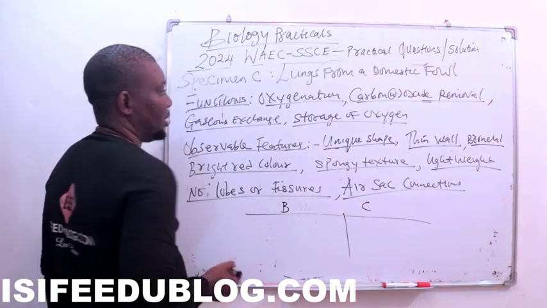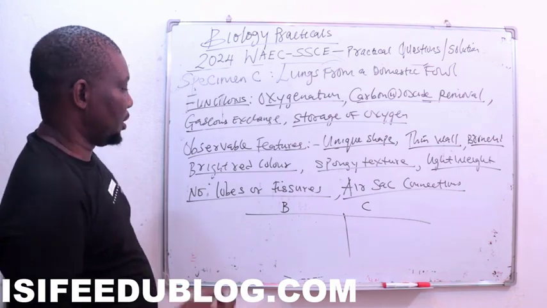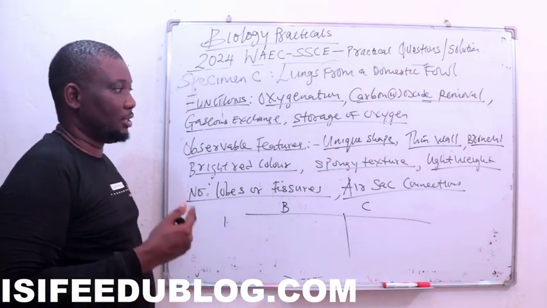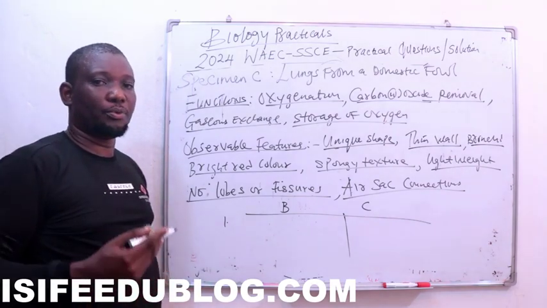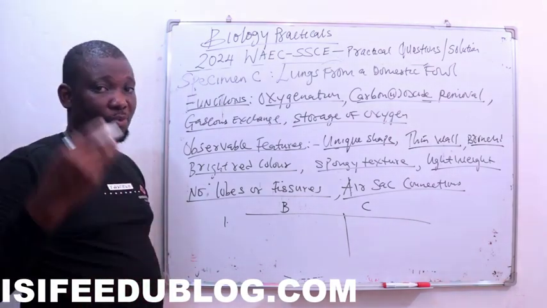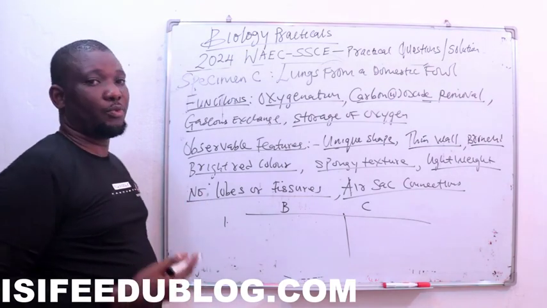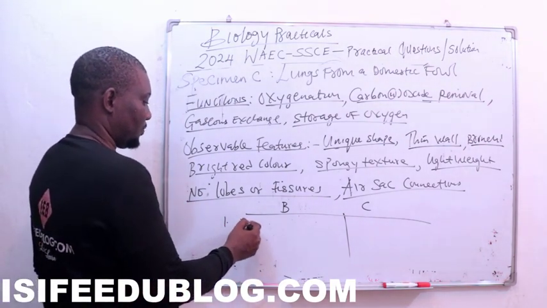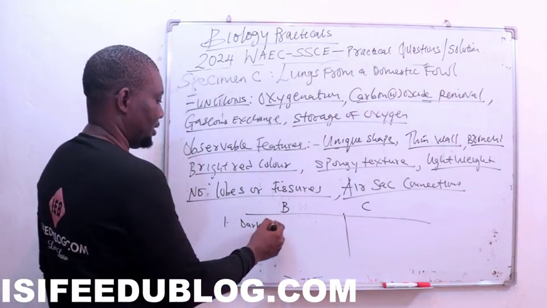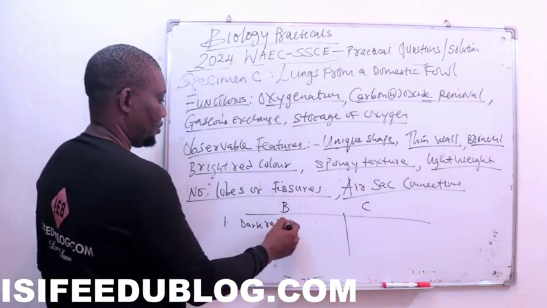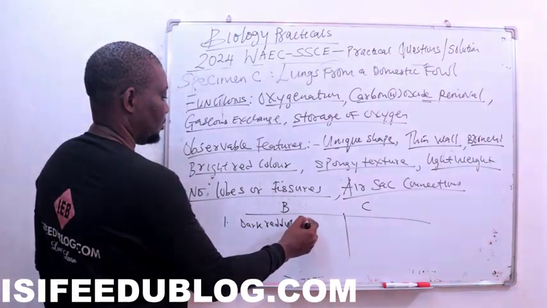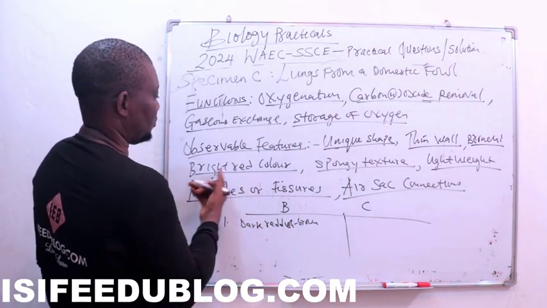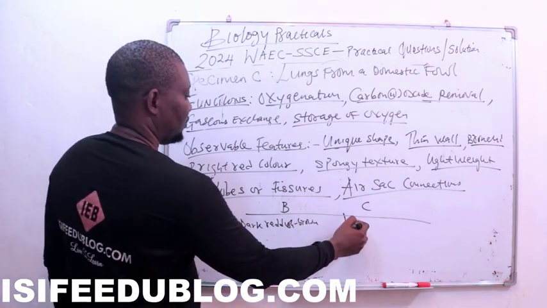This is Specimen C. If you are to state categorically the observable structural differences, starting with the color: Specimen B is dark reddish or deep reddish brown. What's the color of this one? Here is bright red color.